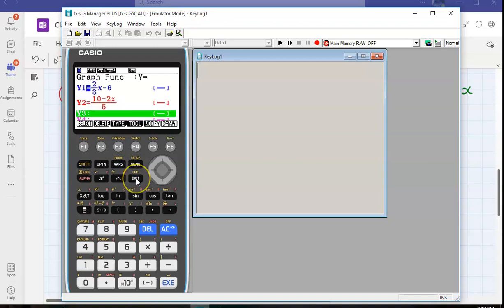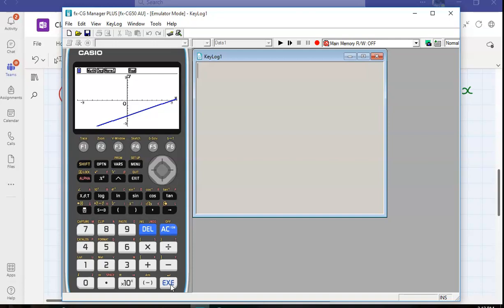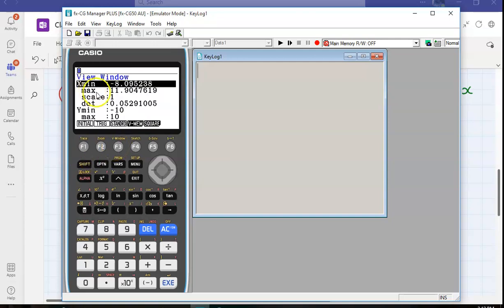Oh, it is pretty good, but your scale, we need to move it across. Look at your arrow keys. You could move with your arrow keys, but I'll be here all day. So I'm going to do this. This is the last bit. Ready? Shift, View Window, and I'm going to go here and increase my max. What do you want to increase it to?